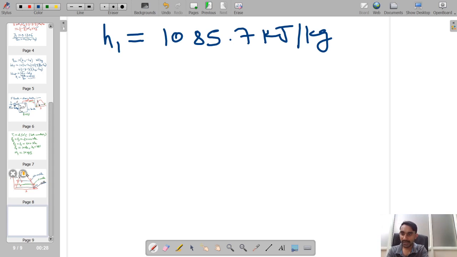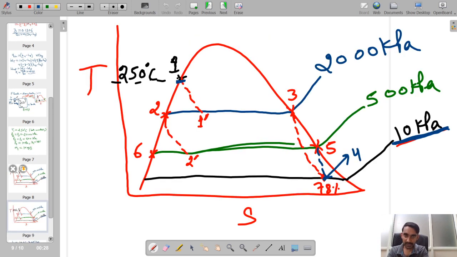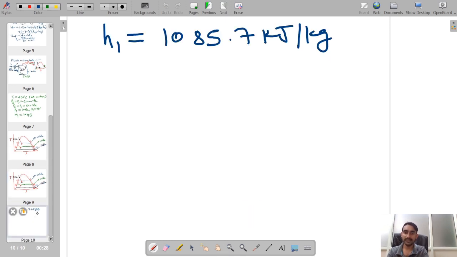Now, this process 1 to 1 dash is an isenthalpic process because it is happening inside a throttling device, and we know the process inside a throttling device is isenthalpic from our earlier knowledge. So I can simply write that H1 is equal to H1 dash.